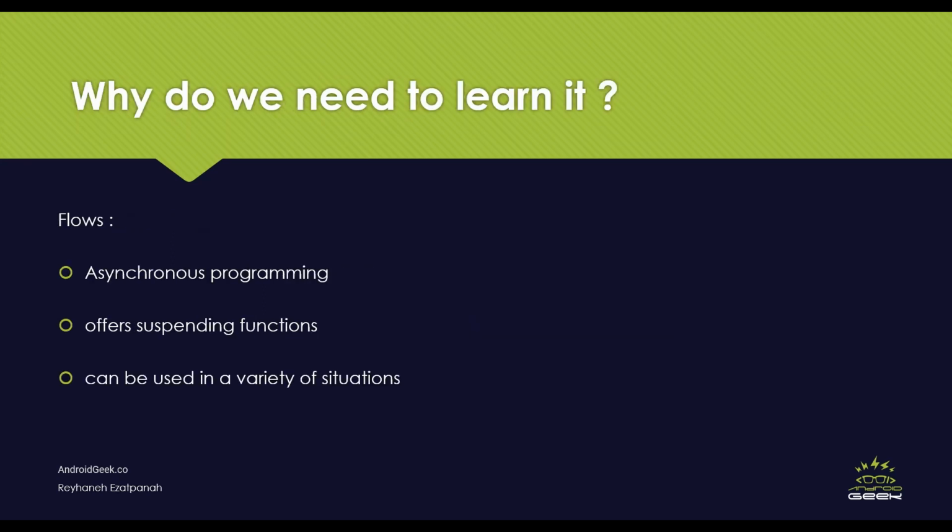And the important question: why do we need to learn it? Asynchronous programming improves application responsiveness and performance. ReactiveX Java-based extension RxJava may be used to develop apps, but the Kotlin Flow APIs provide similar features.